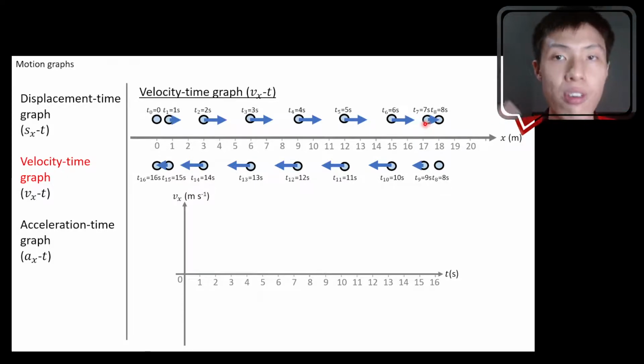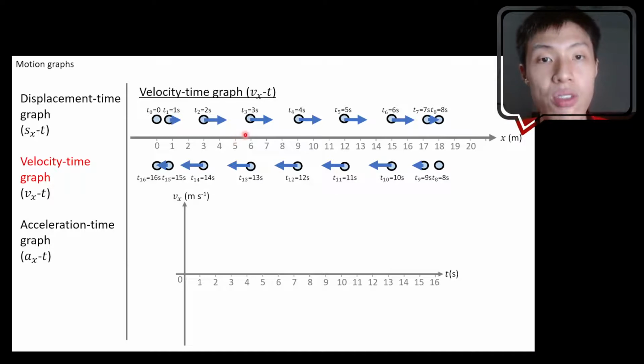I move to the left, my direction of velocity is to the left. It follows the direction of motion. On the opposite side, you can see it's pointing to the left. That means this person is moving to the left, therefore its direction of velocity is pointing to the left as well.